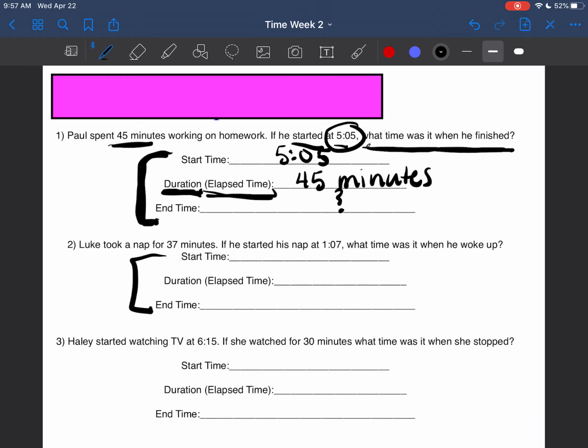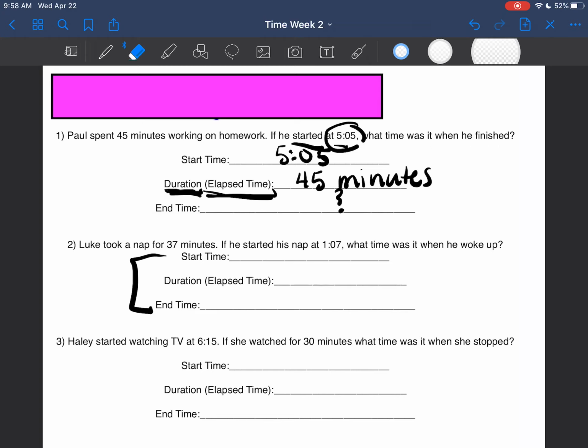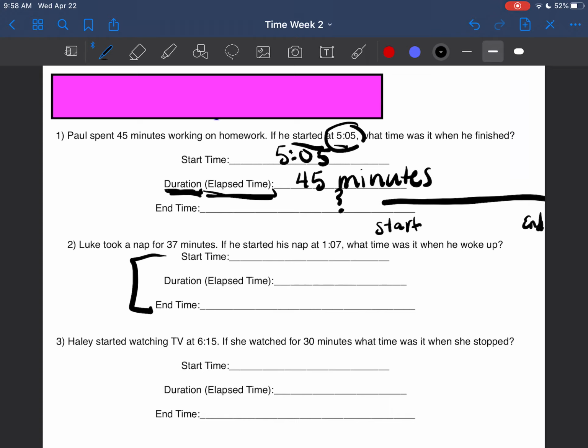Now, I'm going to use a strategy to help me solve. So I'm going to use the number line strategy. I'm going to erase so I have some room to work. I'm going to draw my number line. Remember, start here. I might need more room than that, but start here, end here. My start time is 5:05.